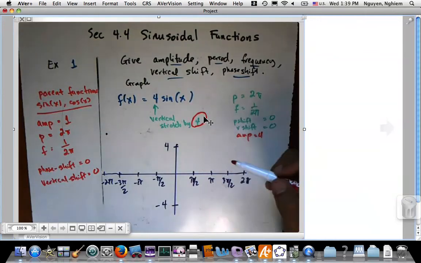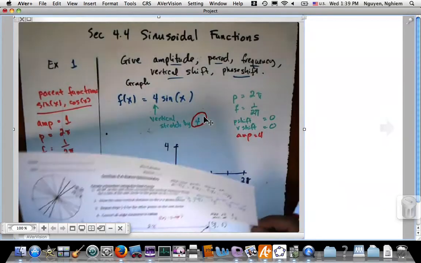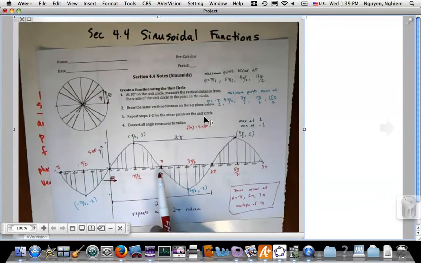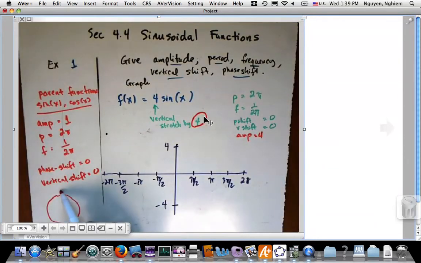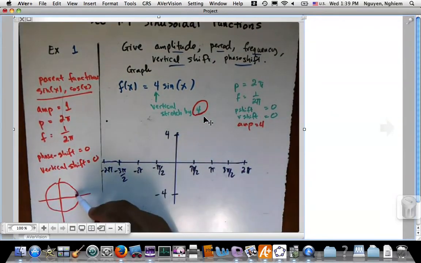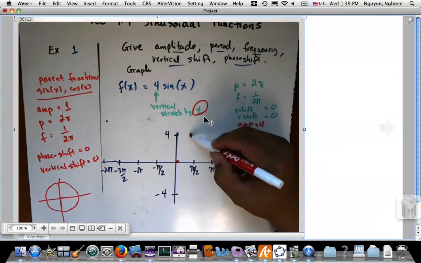And keep in mind, if you look at the original sine function, this will also be very helpful to you. Just remember where all of the maximum values are occurring and all of the minimum values are occurring. And I'm also going to sketch my unit circle here on the side, because that's often very helpful as well. Okay. So at 0, sine, remember, is the y value, so it's 0. It's going to hit its maximum at pi over 2.